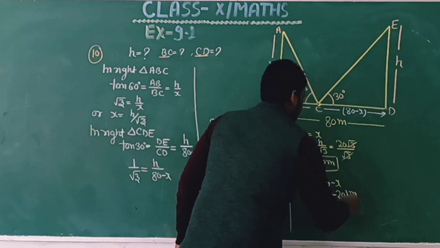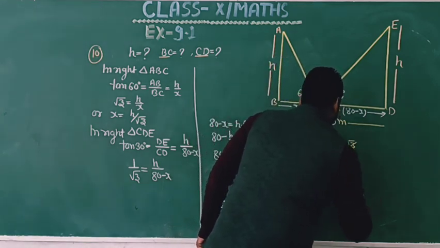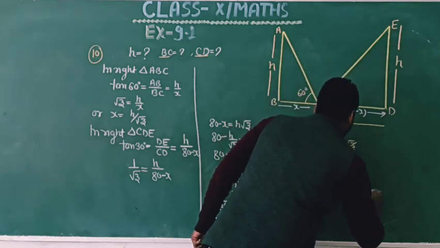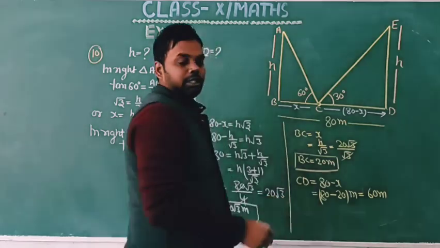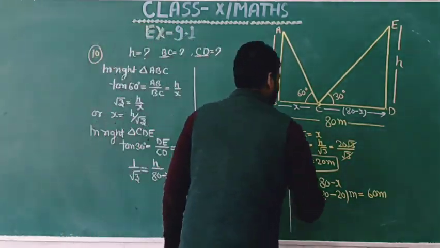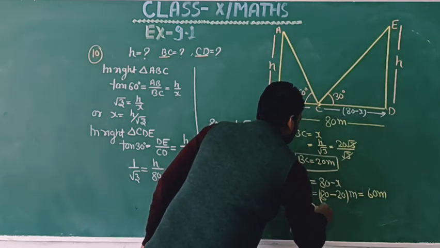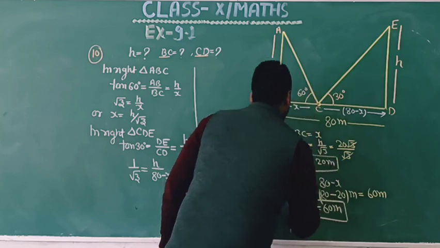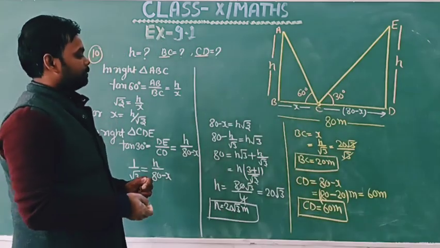So 80 minus 20 gives me 60 meter. So dear children, this is the required answer of question number 10.